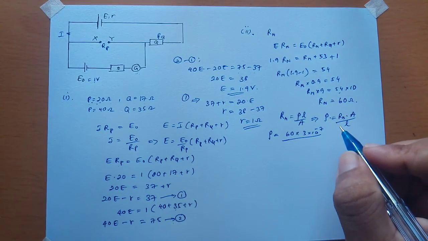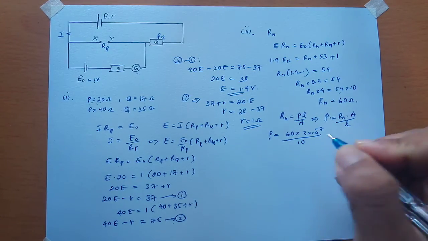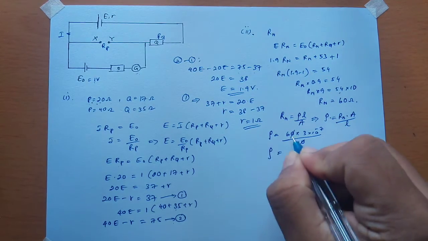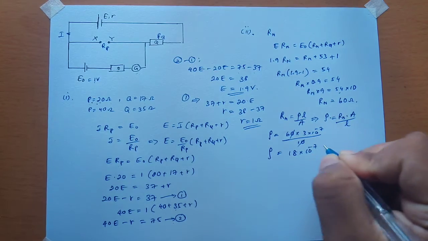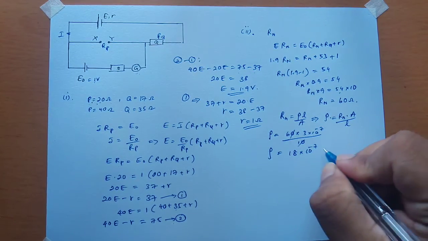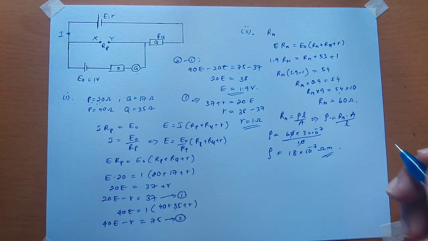Length of the nichrome wire is 10 meters. So here 0 cancels off. So rho equals 6 into 3, 18 into 10 to the power minus 7, units as ohm meter.